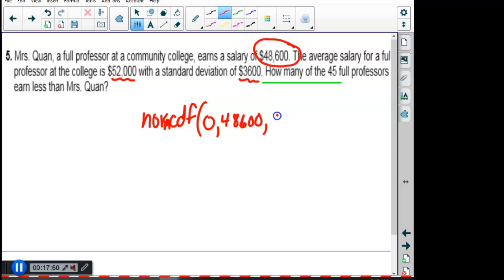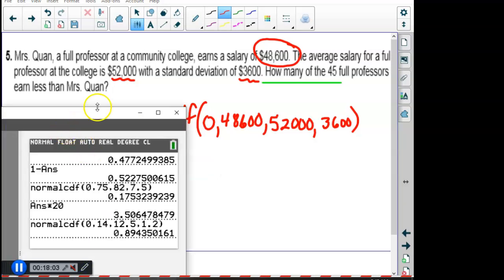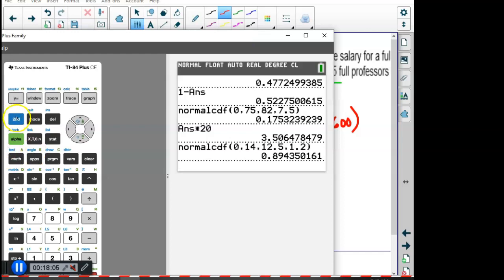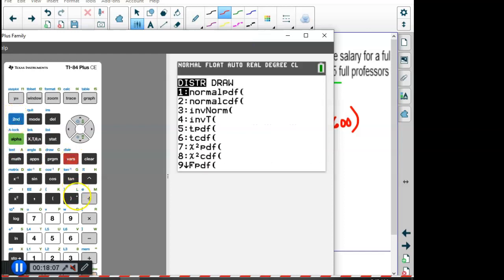With a mean of, average is mean, and standard deviation. Okay, so second vars.